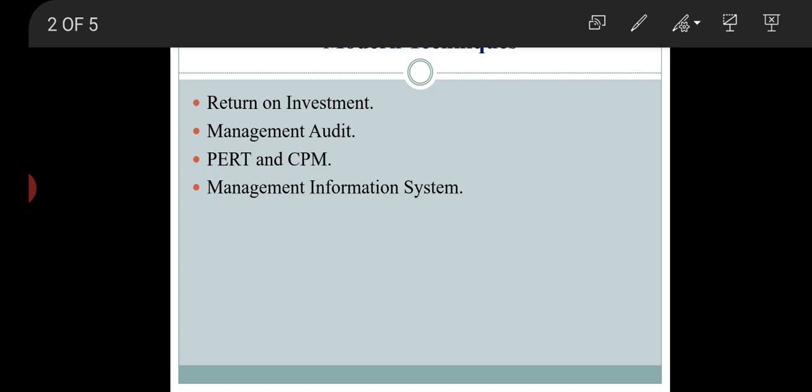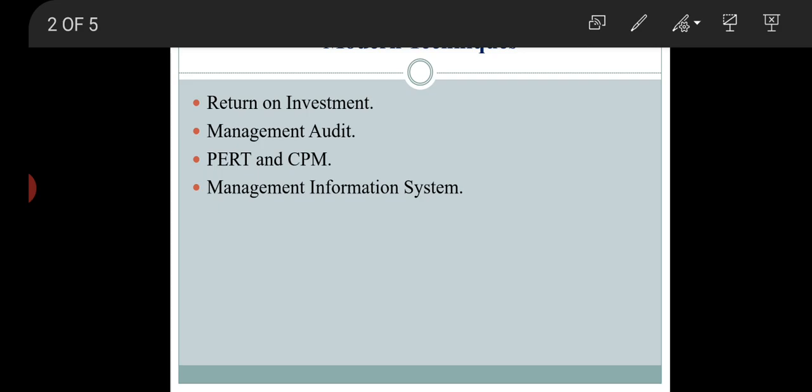That means it has all the information about what are the targets set for each department, how much time is set for each department, what is the actual performance, what are the standards set, and if there is variation between actual performance and standard performance, what is the reason behind it. Everything, all information, you get it at a click of a button.